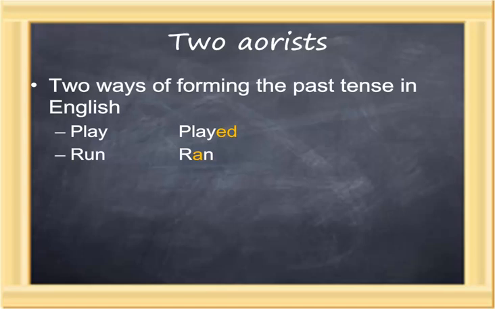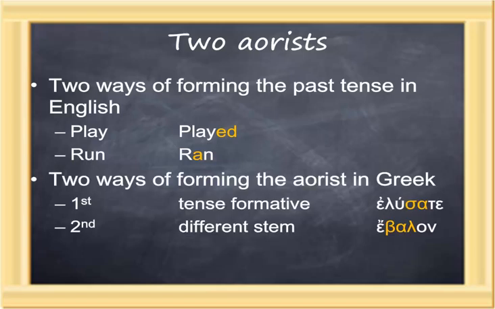But some English verbs form the past tense by using a different stem. Run becomes ran. There are two ways of forming the past tense in English. Similarly, there are two ways of forming the aorist in Greek.